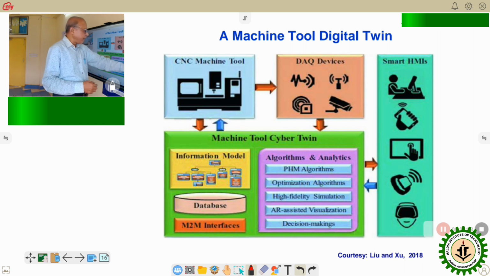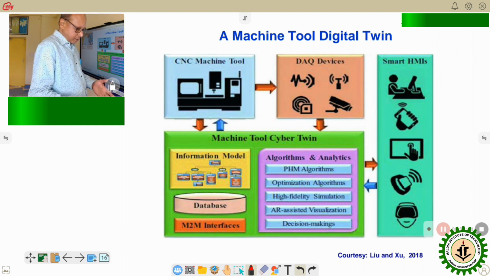And on the right side, the smart HMI symbolizes the smart human machine interface. It may be a tablet, it may be your laptop, it may be your Android phone. With any of these devices, we can regulate or adjust the process parameters. So this is how it is.